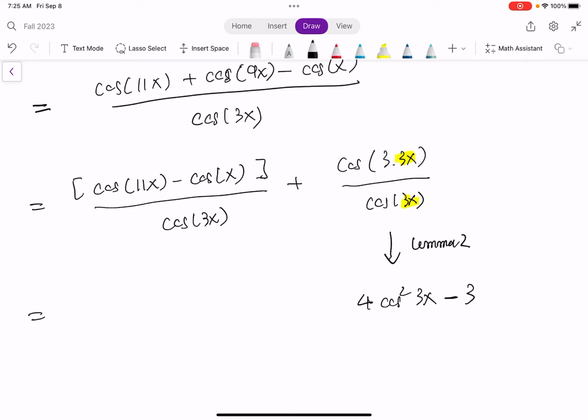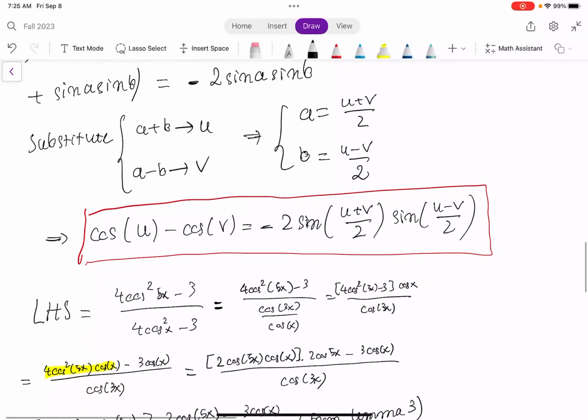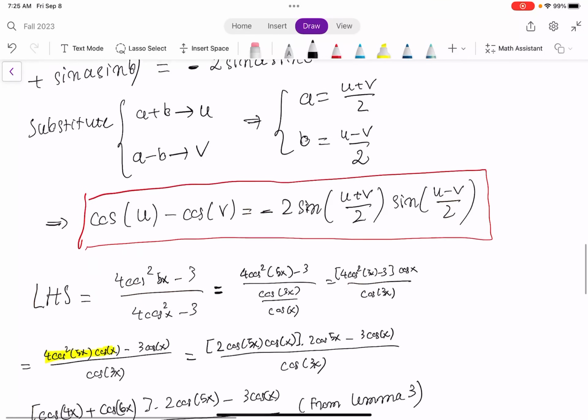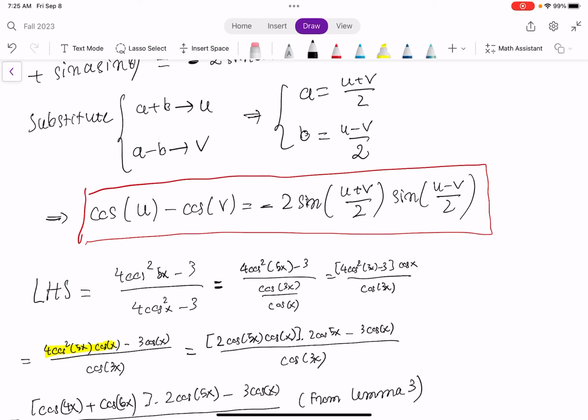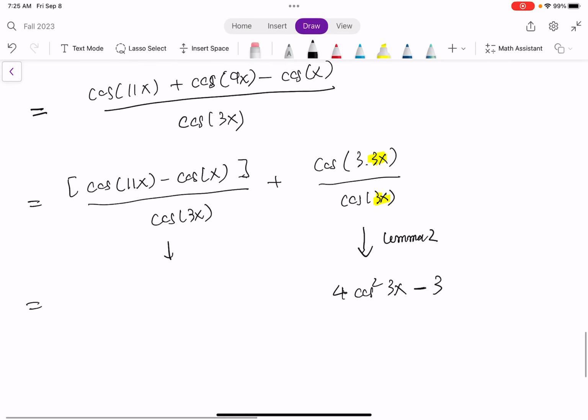And how about this term? Remember the 2 cosines subtracted together? What will we have? Here is from lemma 4, right? 2 cosines subtracted together is negative 2 sine of the sum divided by 2, and the subtraction divided by 2. All right, so let me write this lemma 4.